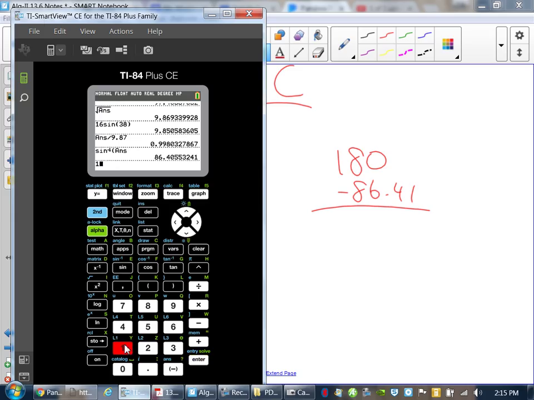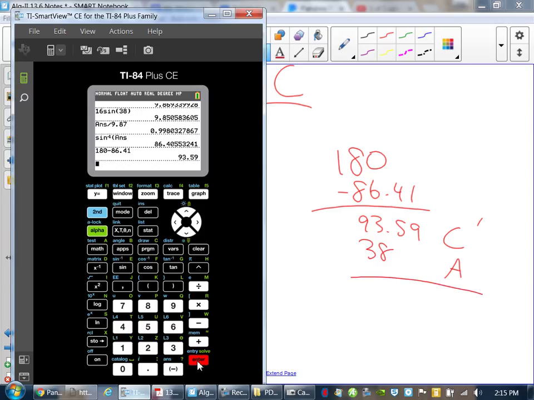So that's 93.58. Then what would you add to the 93? You add to it the original angle you were given, which was the 38. So this is the possible C prime. You add to that your 38, which is your original A, and you get what? 131. So that means there's a secondary triangle that you could do.